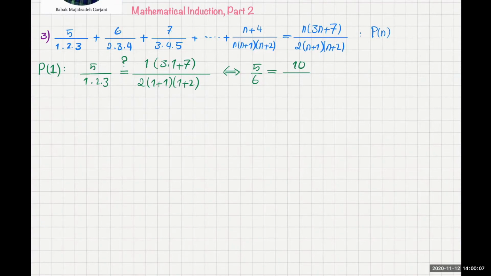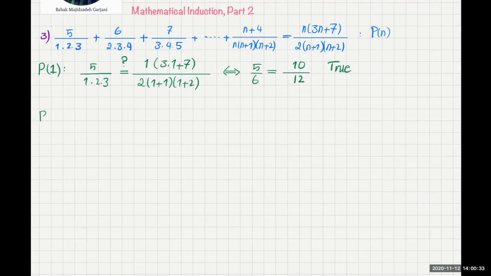The denominator is, this is 2, this is 3, so 2 times 2, 4 times 3 is 12. Is this true? Yes. So this is a true statement. Because 5 over 6 is another name for 10 over 12 if I simplify this by 2 and simplify this by 2. So the base of the induction, this is called the base, it's true.